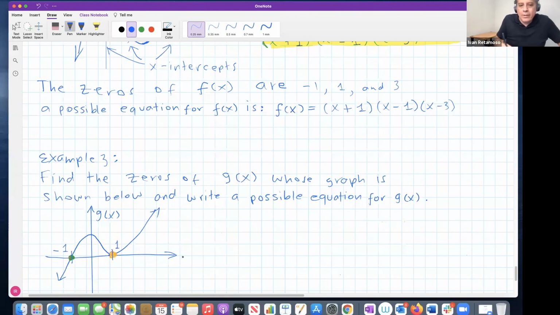Figure out the zeros first, and then the possible definition for f of x.